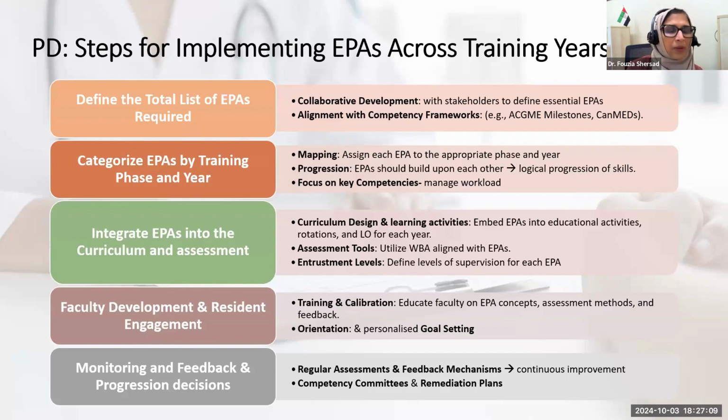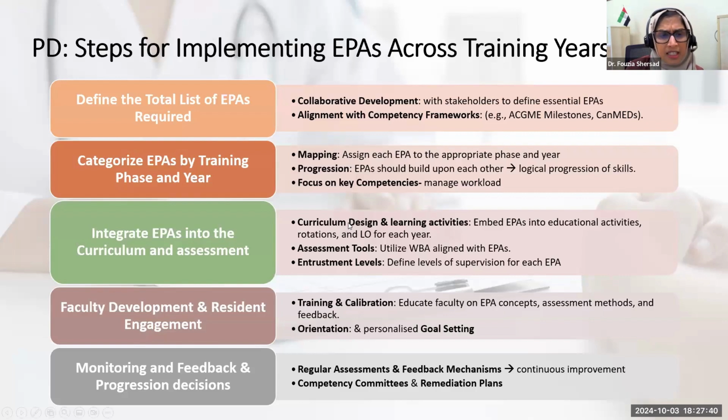So throughout the period of training, what is the number of EPAs which have to be completed? The entire list has to be communicated to the trainees and to the faculty. In fact, these should ideally be discussed and developed in collaboration with all the stakeholders. And this is how they have been developed for the 15 specialties that we will be implementing already.